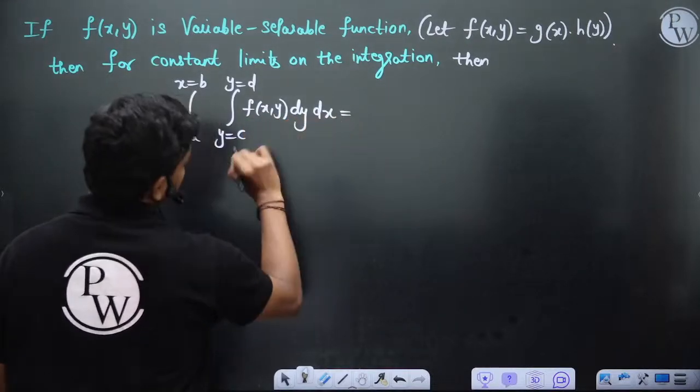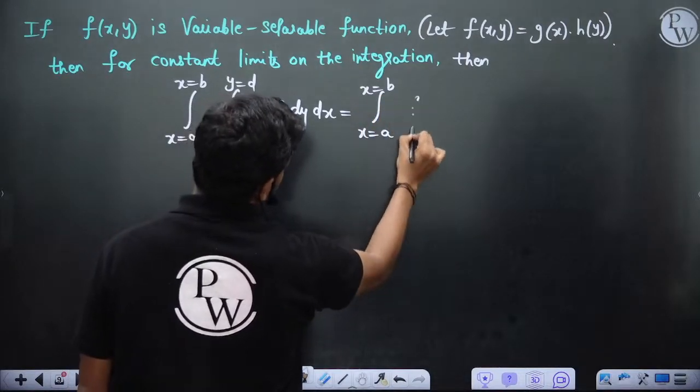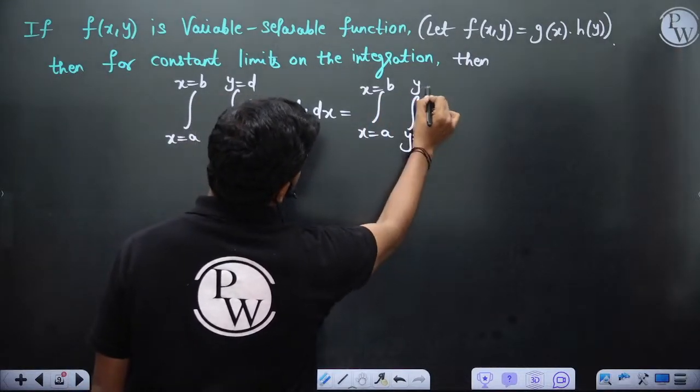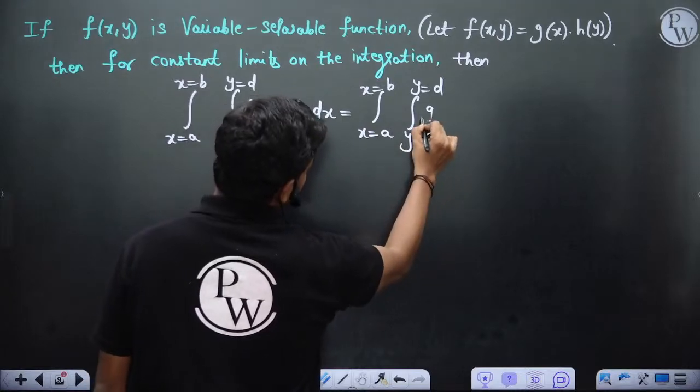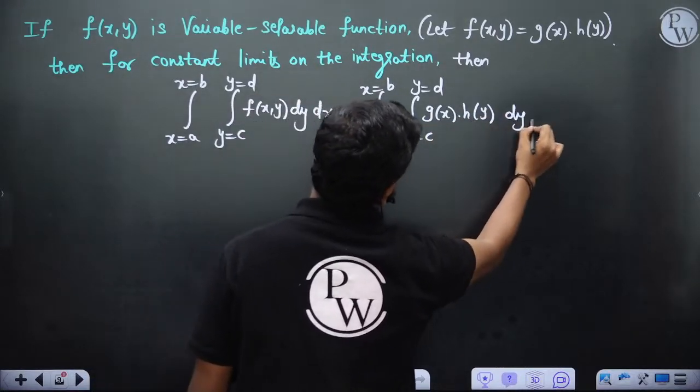Now this can be written as the integral from x is equal to a to x is equal to b, y is equal to c to y is equal to d, and this function f of x comma y can be written as g of x times h of y dy dx.